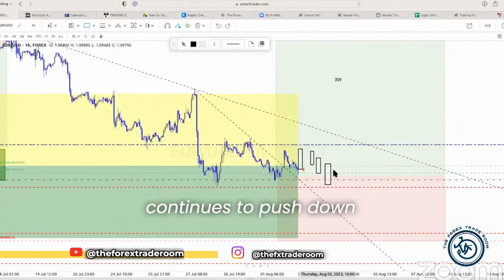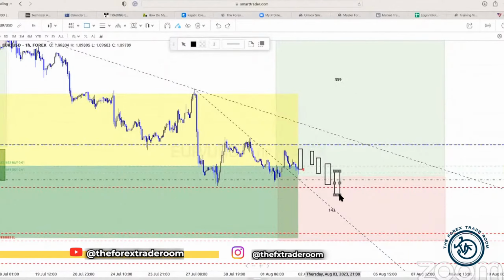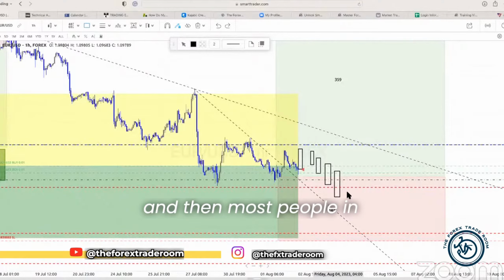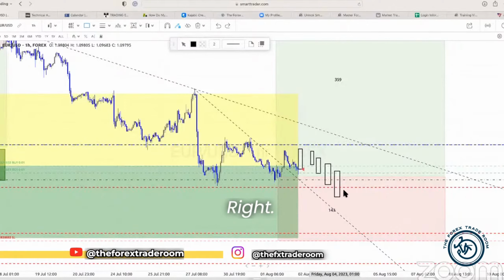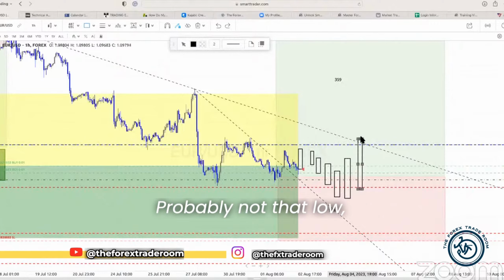And then if the market continues to push down like this, now that fear continues to pick up. Most people in this situation are going to close their trade because they're in drawdown, and then the market's going to do this. Oops, probably not that low, but right.